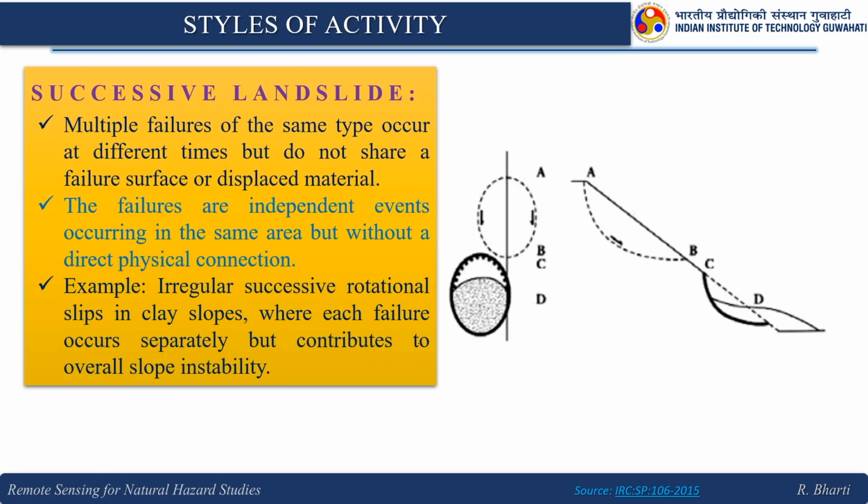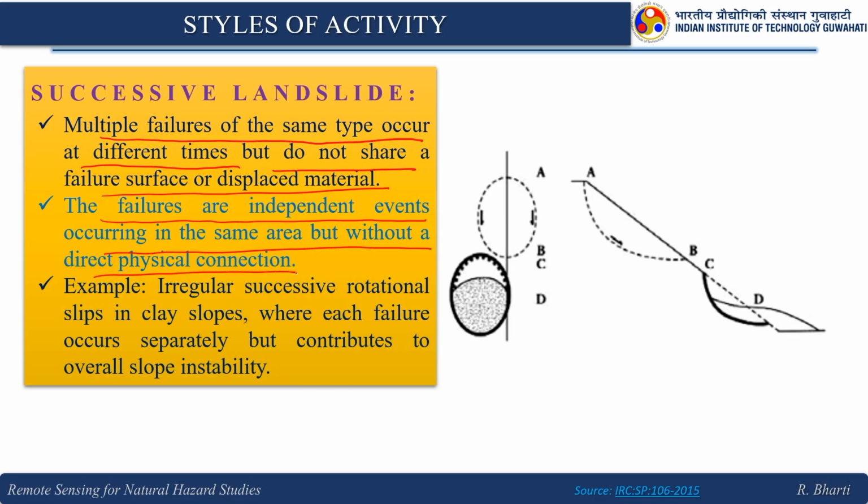Then comes the successive landslide. Multiple failures of the same type occur at different times, but do not share a failure surface or displaced material. The failures are independent events occurring in the same area, but without a direct physical connection.